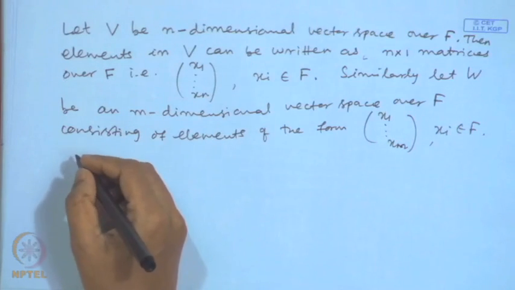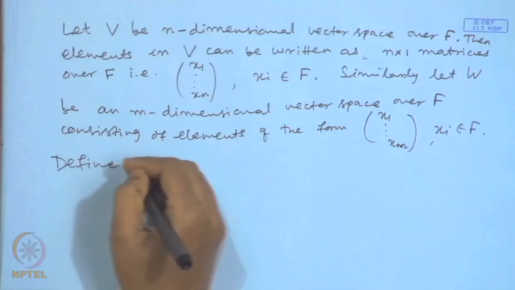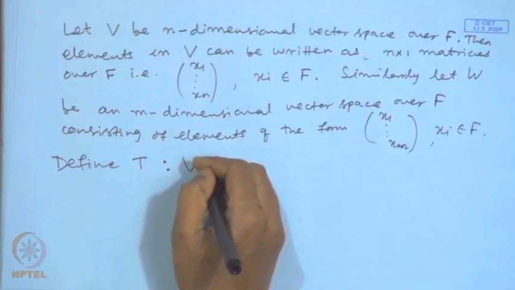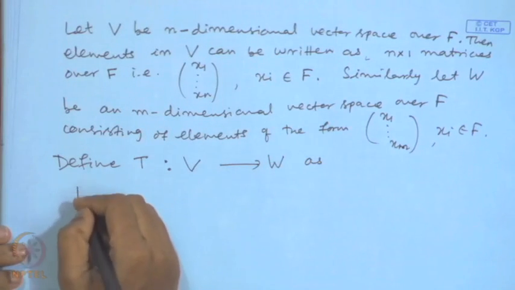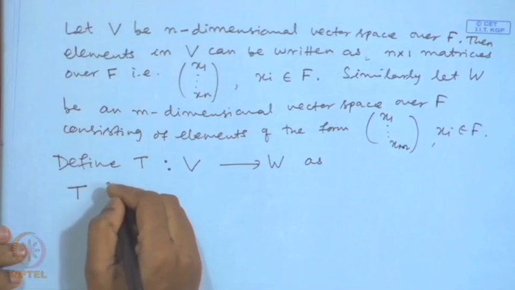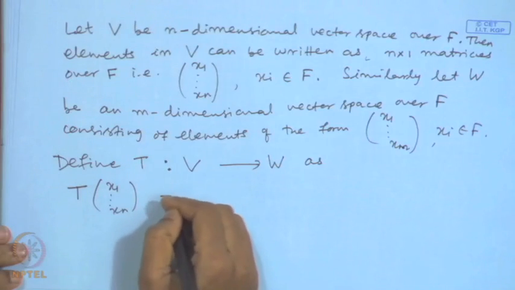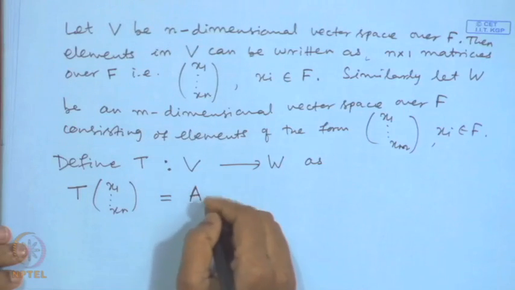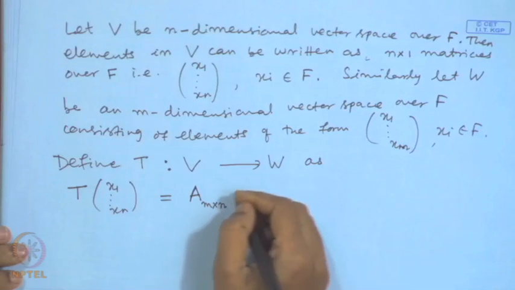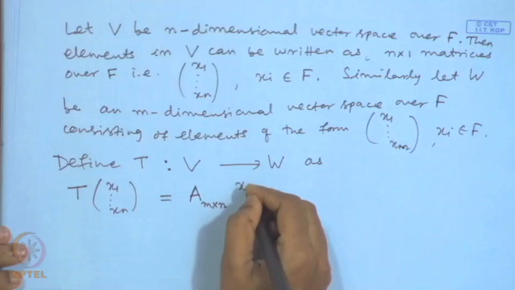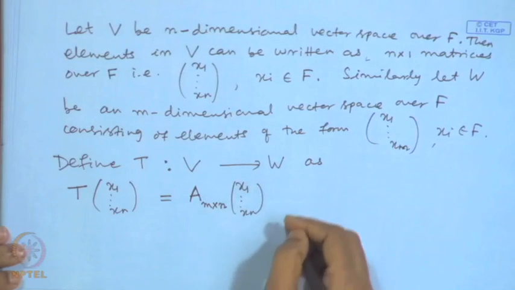Then we define a mapping, say T, from V to W as T of any element x1, x2 to xn as this matrix A, which is of size m by n, multiplied by the matrix x1, x2 to xn.